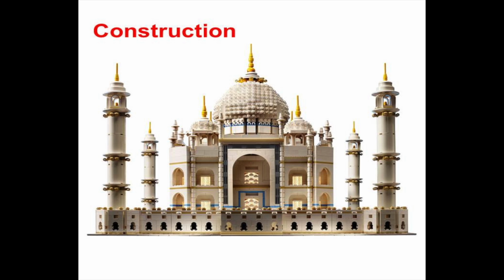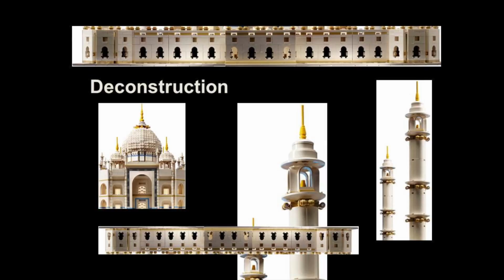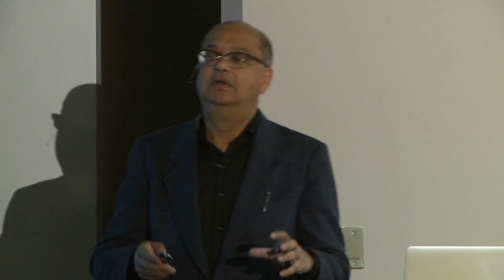The opposite is the idea of deconstruction, which is you start with something as magnificent as this, perhaps like a research work that is going on in somebody's laboratory, and then you break it down, not so much to the very individual Lego piece, but to pieces like the minaret or the dome or the corridor and so on, such that after breaking this down, one can show the student how to take each of these larger pieces and put the whole structure back together.